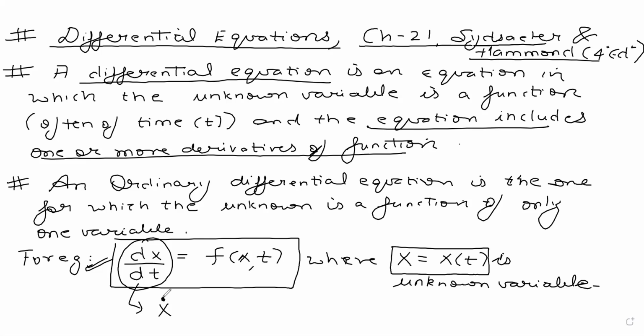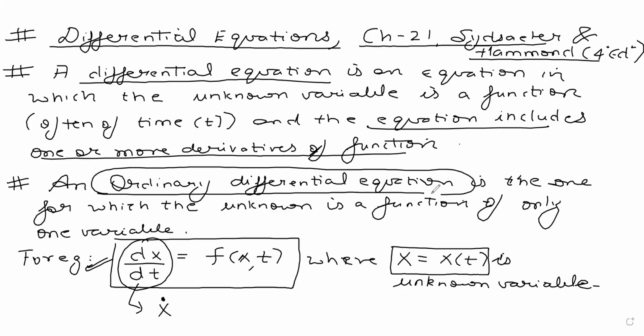So I'm quickly revising till here. We have started our discussion on differential equations. When we talk about a differential equation, it is that equation which consists of an unknown variable, which itself is a function of time. And a differential equation also includes one or more derivatives of the function. In case of an ordinary differential equation, the unknown is only a function of one variable, not more than one variable.